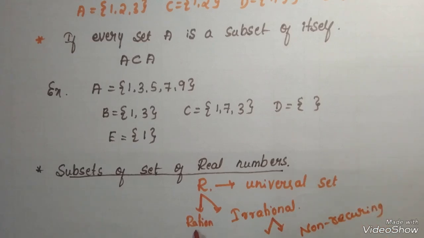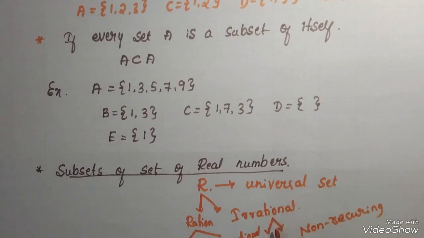In rational numbers there are so many numbers, that is integers as well as fractions. In integers we again have parts. Therefore real numbers has so many number sets, so we consider real numbers a universal set.